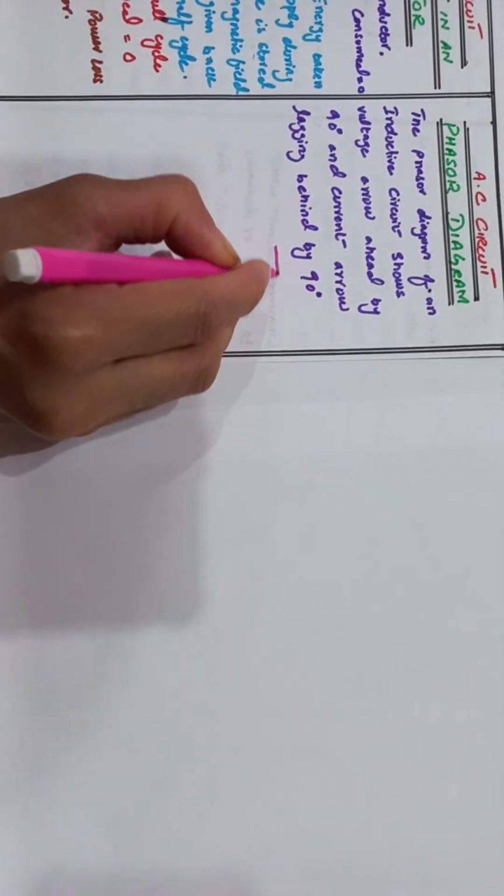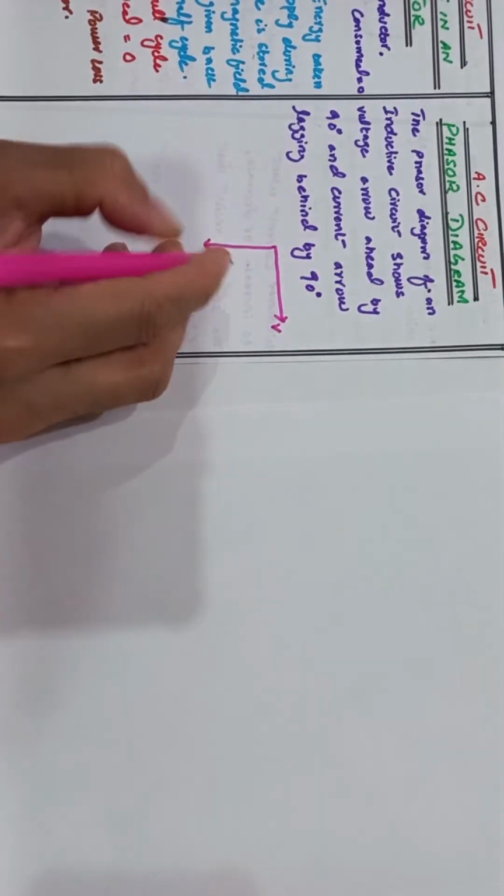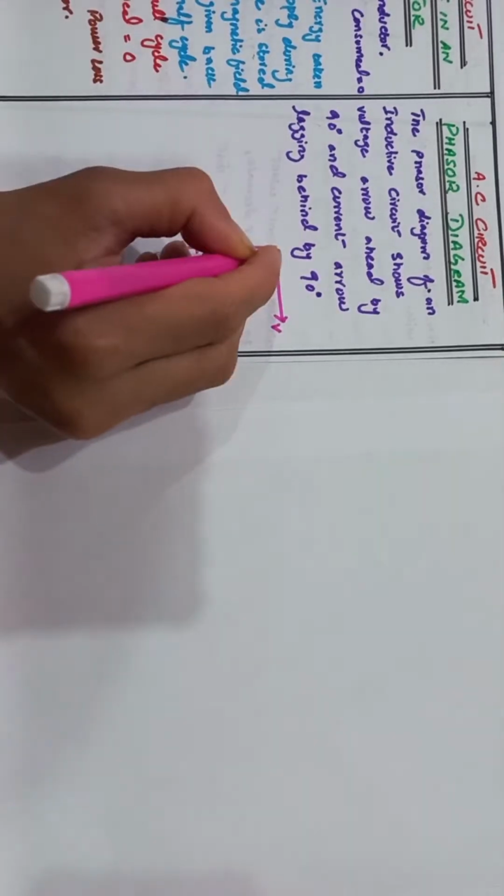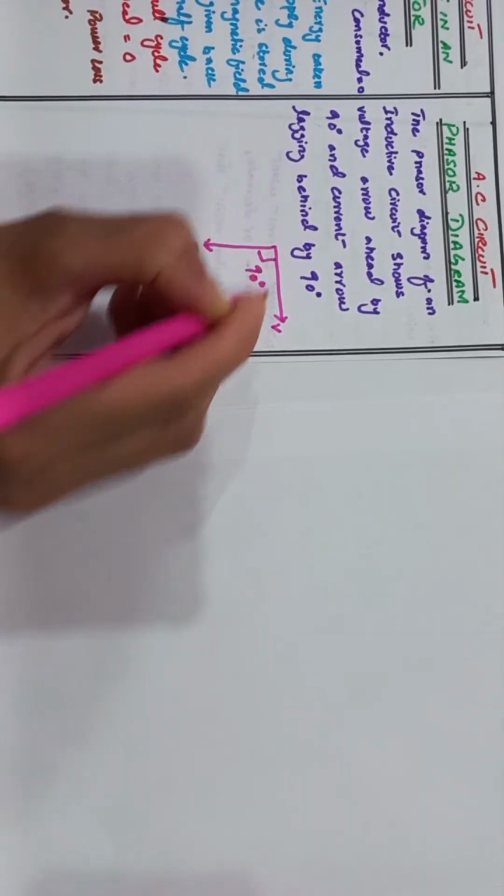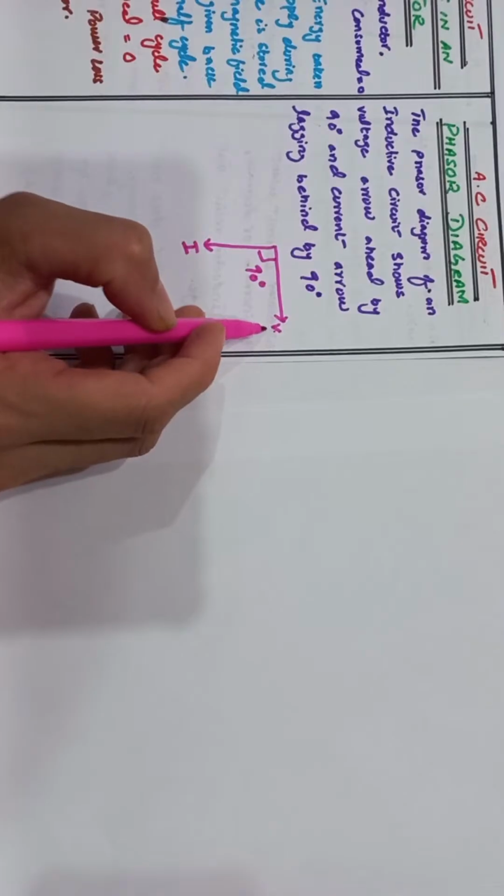This is the arrow of the voltage and this is the arrow of the current, because the current is always lagging behind the voltage by 90 degrees and the voltage is always ahead of the current.